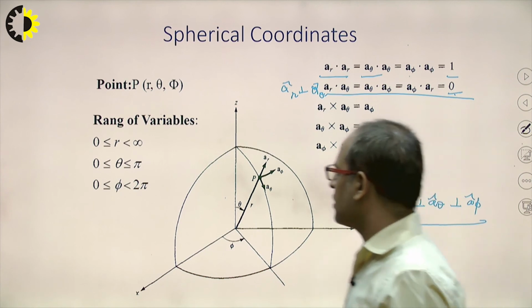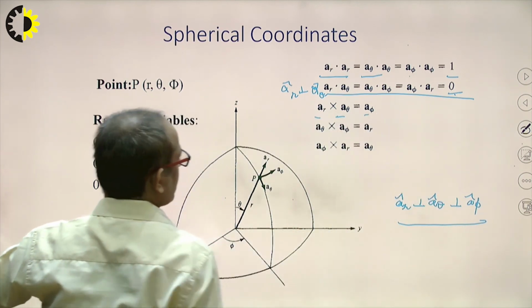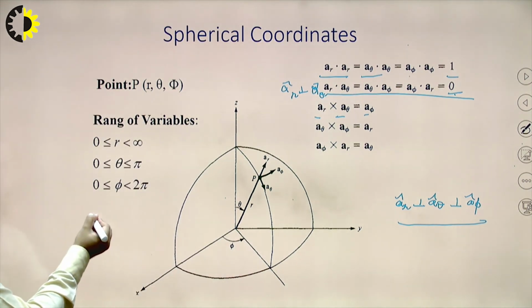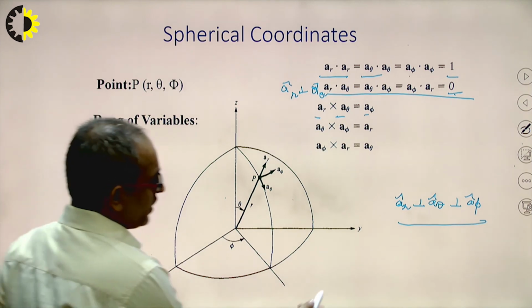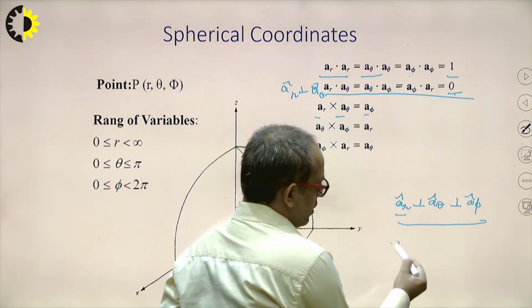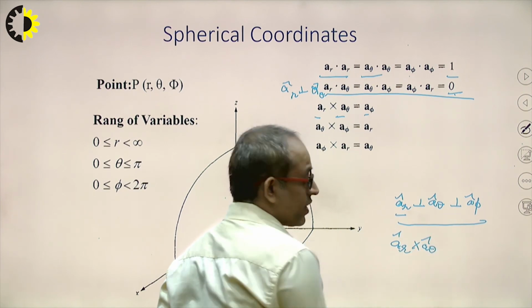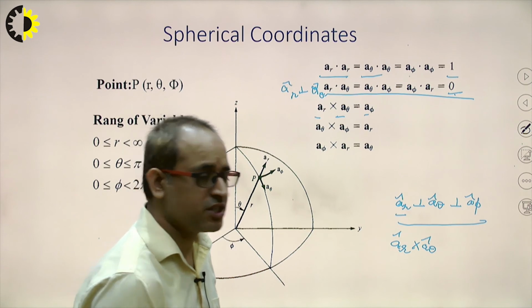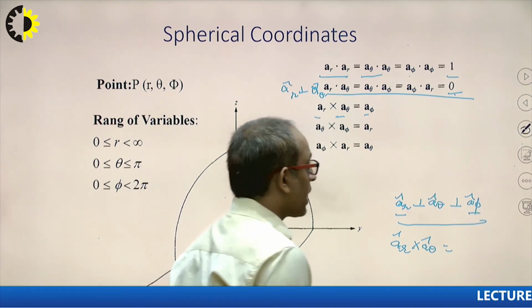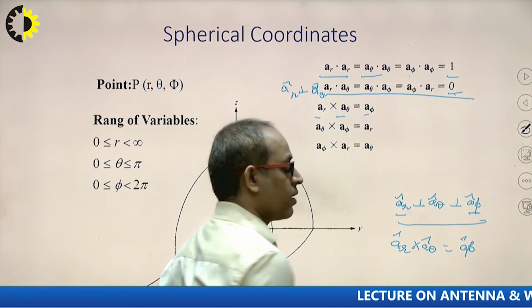Now if I take the cross product of a cap r and a cap theta, the resultant direction vector will be in the a cap phi direction. Clear?